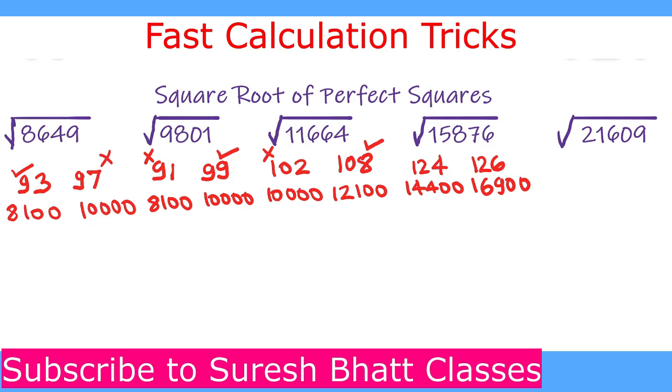As such, the square root must be close to 130 and not to 120. This way 126 is more close to 130. So 126 is the square root of the given number and not the 124.